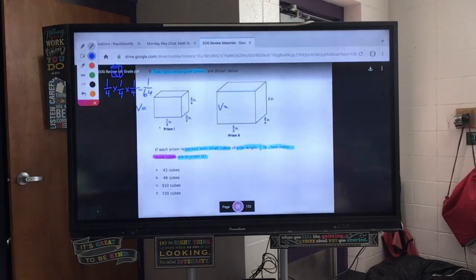Finding the volume of both prism 1 and prism 2, and then you're standing up.